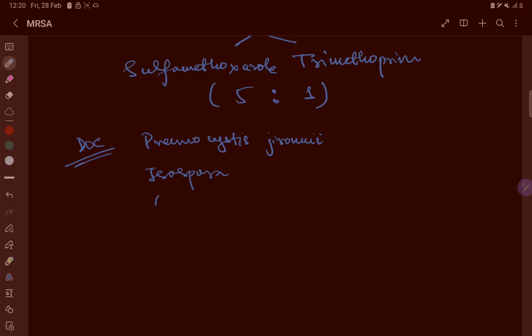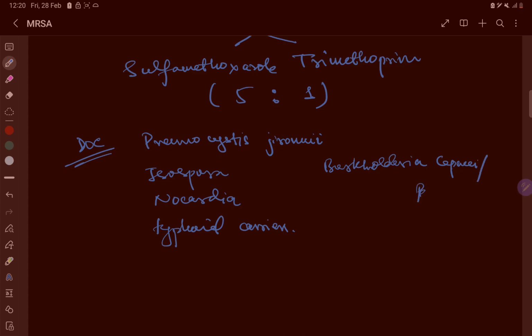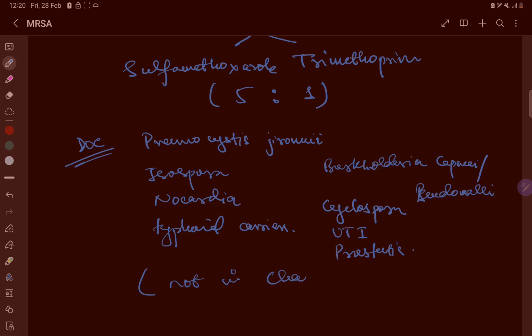Isospora, nocardia, typhoid carriers, Burkholderia cepacia या pseudomallei, Cyclospora, in UTI, in prostatitis, but not in chancroid.